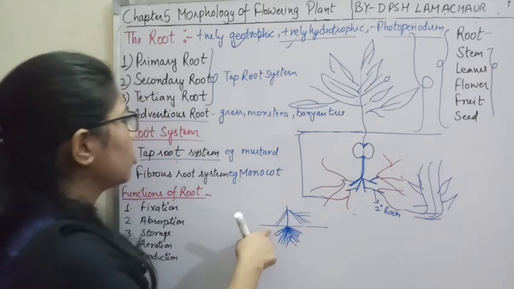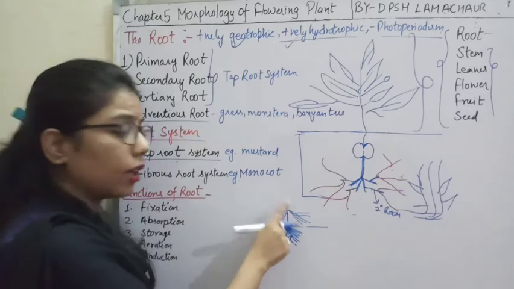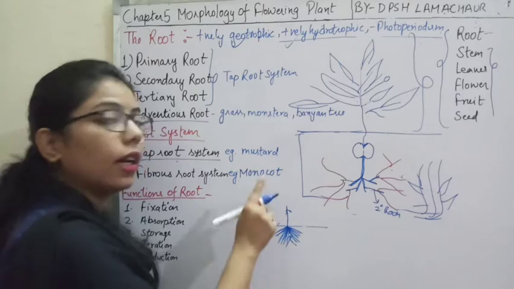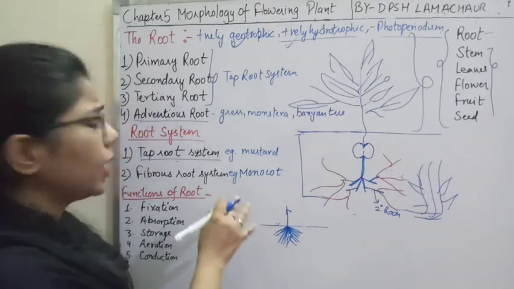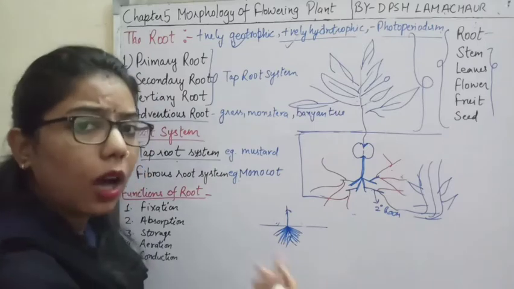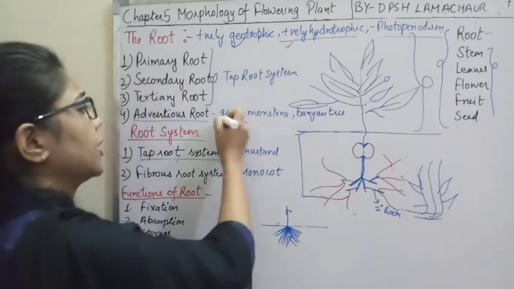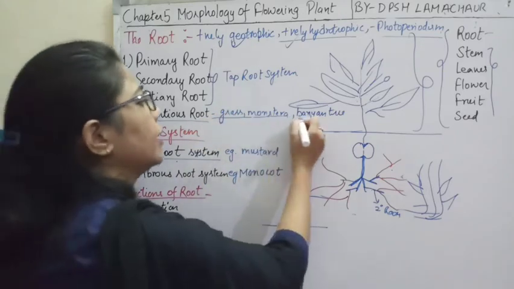So this is also a part of the adventitious root system, because the roots are not developing from the radicle; they are growing from any other part except the radicle. Examples I have written here: grass, monstera, and the banyan tree.